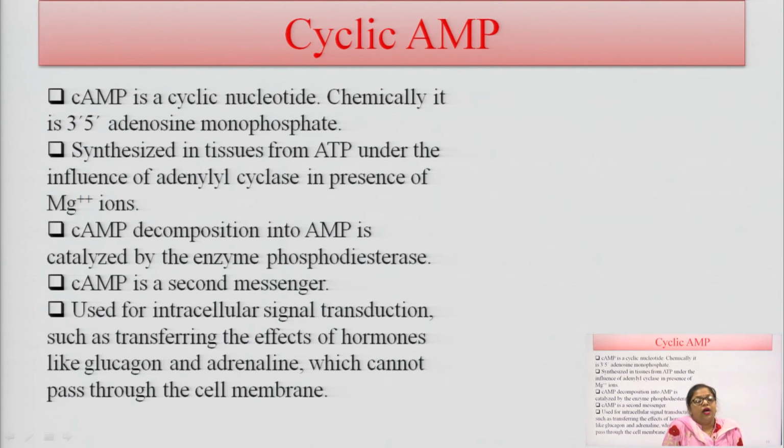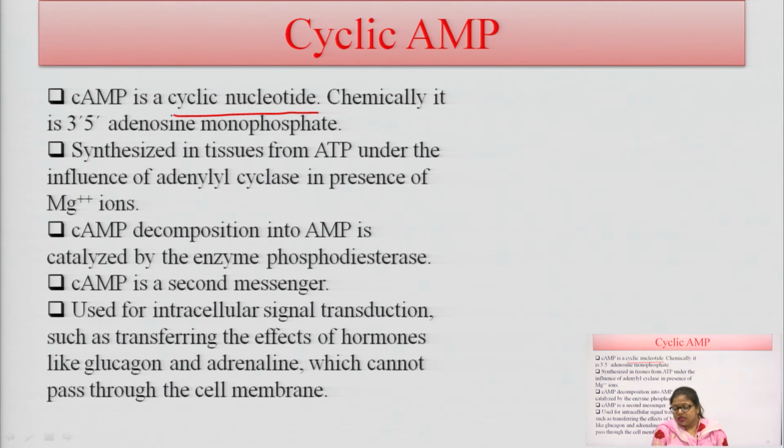And what is cyclic AMP? What is cyclic adenosine monophosphate? It is a cyclic nucleotide which is chemically 3',5'-adenosine monophosphate. It is synthesized in the tissues from ATP under the influence of adenyl cyclase, in the presence of magnesium ions.